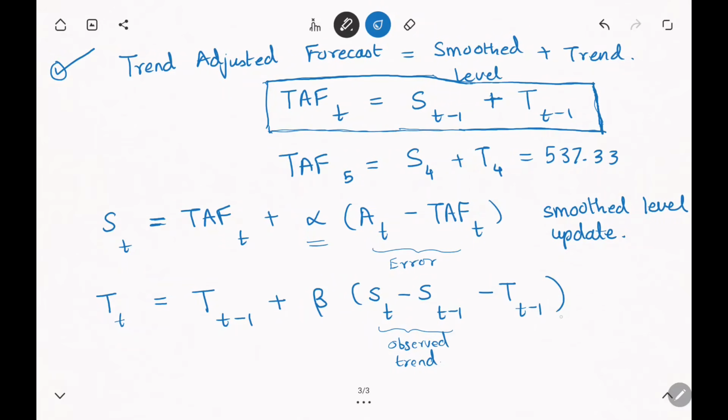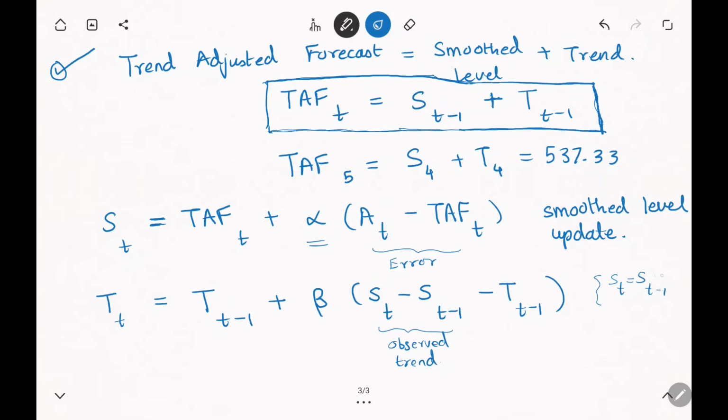S of t minus 1, the smoothed value of level at the time t minus 1, plus the trend at the time t minus 1 should give you the smoothed value at the time period t.